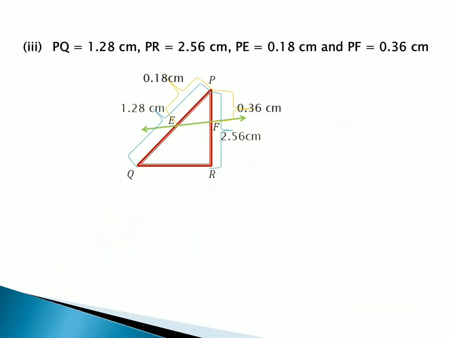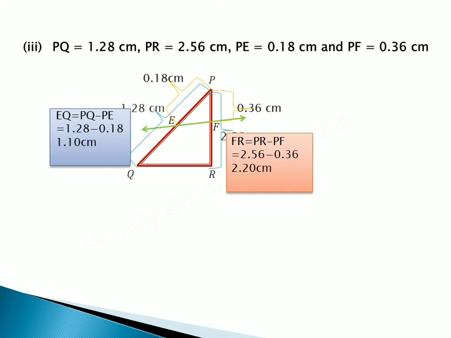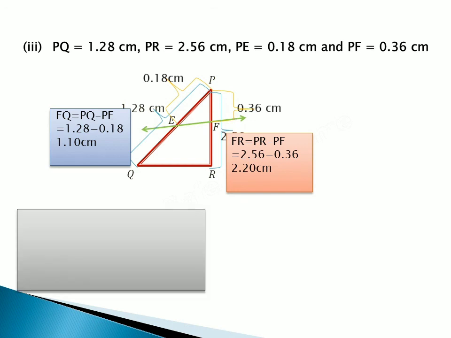If you are not happy with this method, you want to use converse of BPT, you have to find out EQ. Here I have found PQ minus PE, 1.28 minus 0.18, that is equal to 1.10. Here also you have to find out FR. FR is equal to PR minus PF, that is equal to 2.2 centimeter.